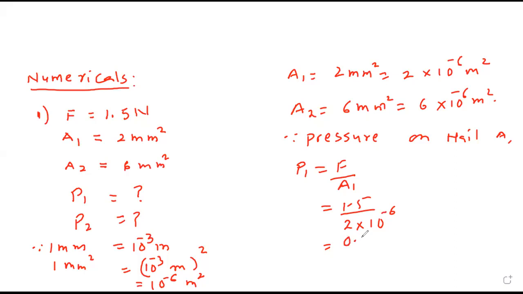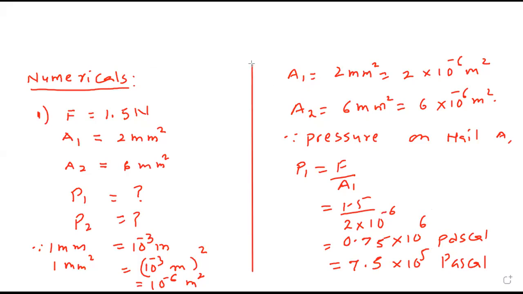That is 0.75 into 10 raised to plus 6 Pascal. That means 7.5 into 10 raised to 5 Pascal. Any doubt till this? No, sir, no doubt. Great. Copy till this.